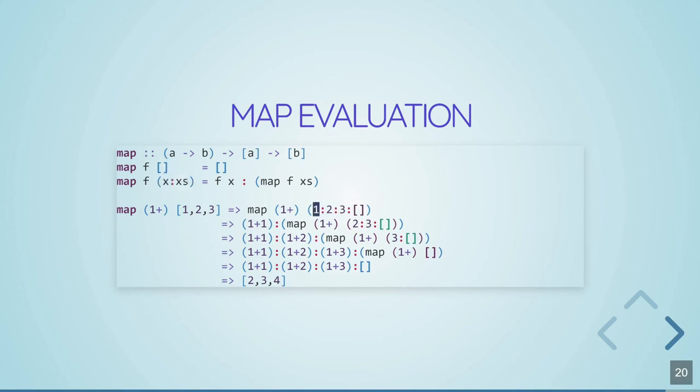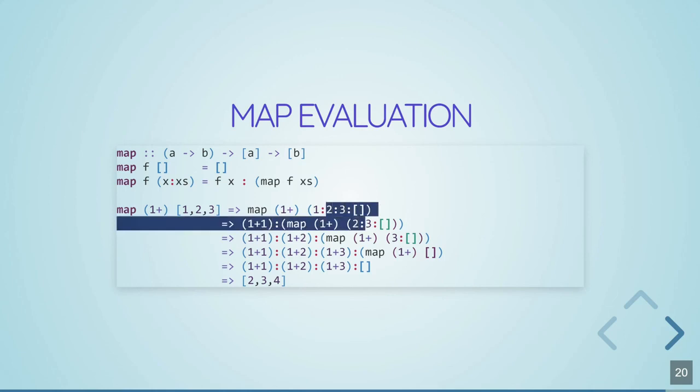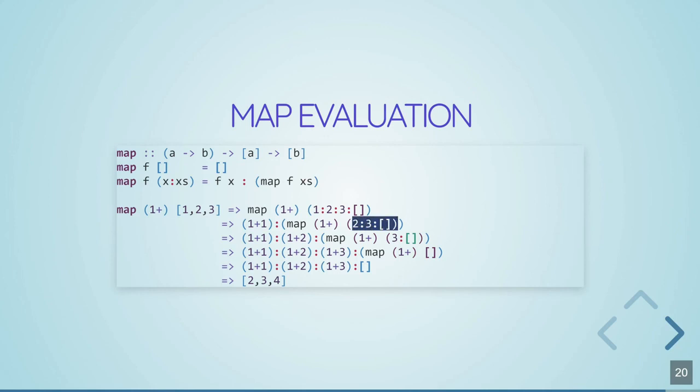So 1 is going to be x here, and 2:3:[] is going to be xs. What it's going to do is take (1+) and apply it to x. So we're going to have (1+1) colon map (1+), and xs here, remember, is 2:3:[].